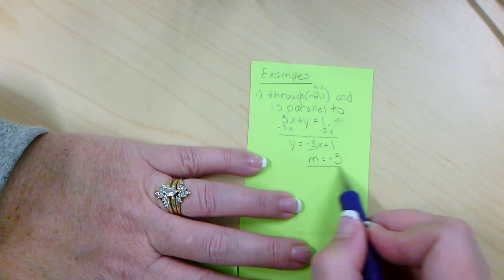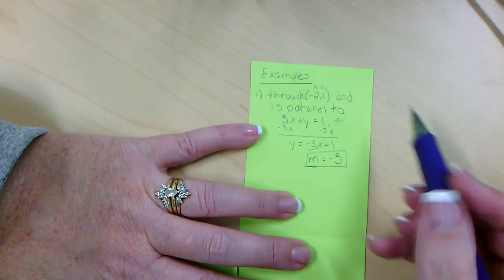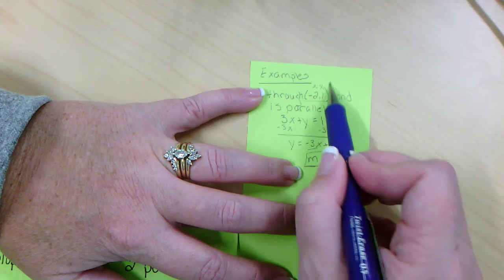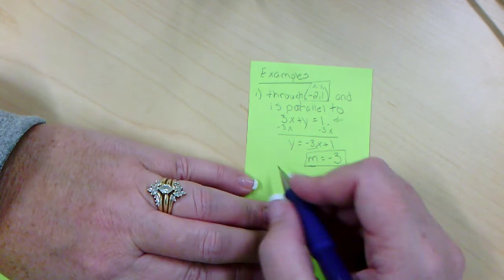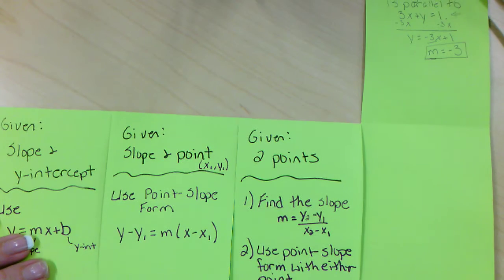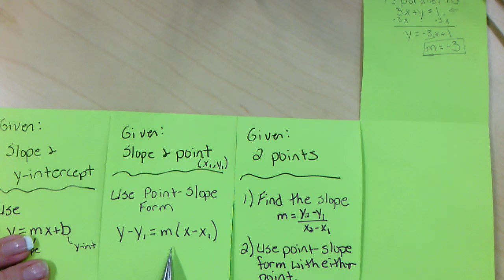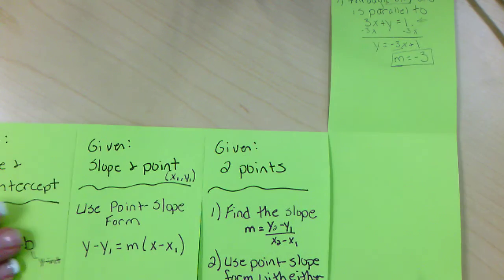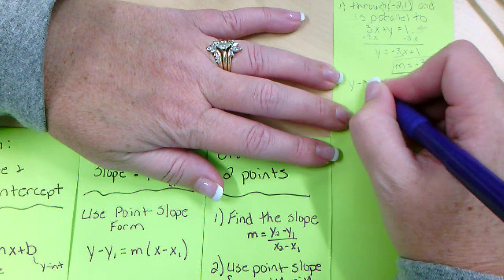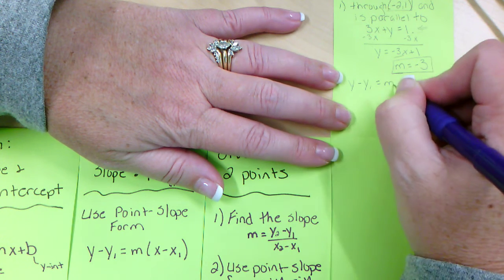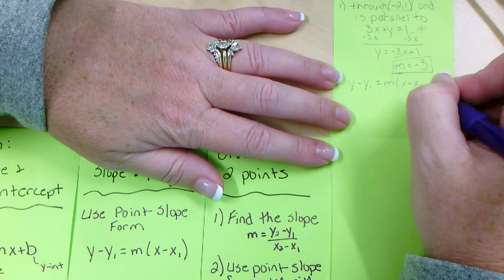So now I know my slope right here, and I know my point that's given to me up here, my x1, y1. So now we can plug into our equation that we were doing over here, our y minus y1 equals m times x minus x1.